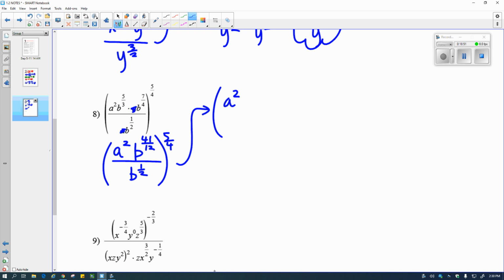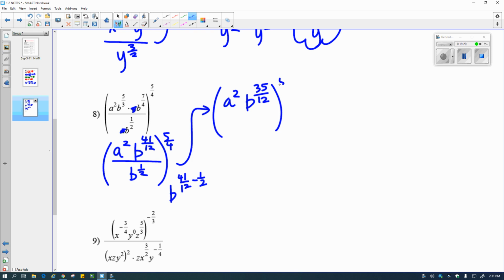And I get b to the 35/12. And I've cleared up everything, because remember what I did was b to the 41/12 minus 1/2. So that cleared off the bottom, and that's how I got the 35/12.